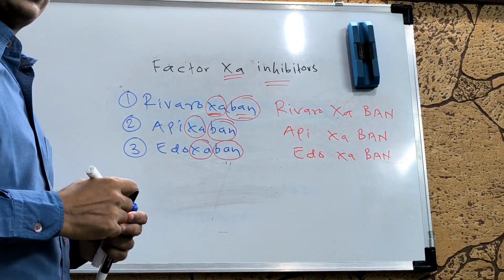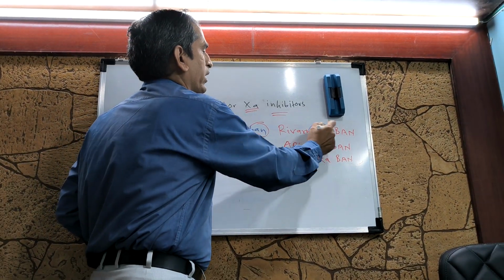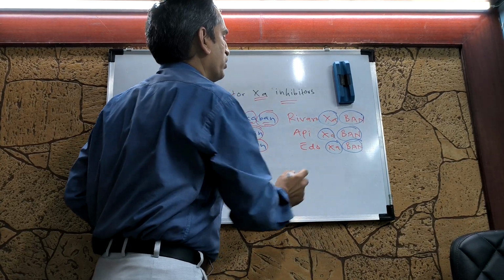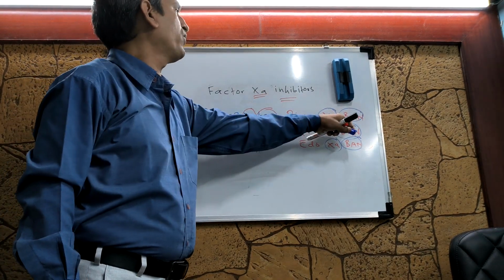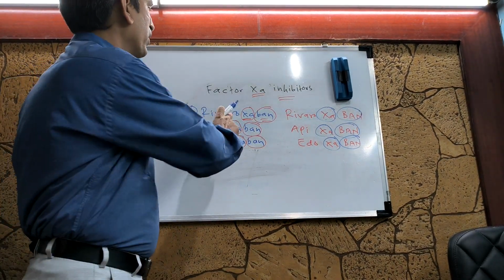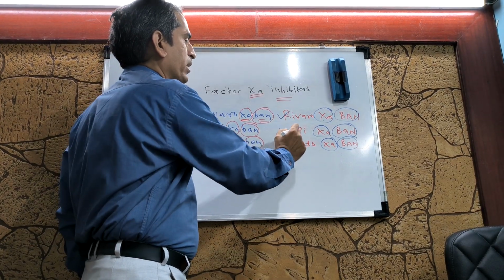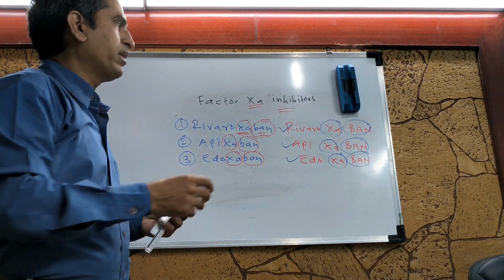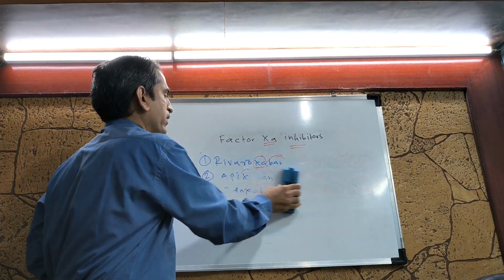Now it is very easy for us to remember the names of the drugs because factor 10A inhibitor, factor 10A inhibitor. So you can remember XA for factor 10A and ban for inhibitors. So the examples of factor 10A inhibitors are rivaroxaban, apixaban and edoxaban. So this is one example to remember the names of the drug in an easy way.